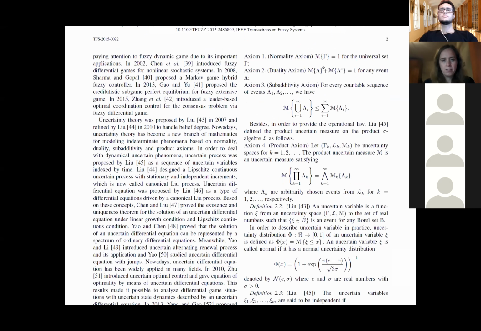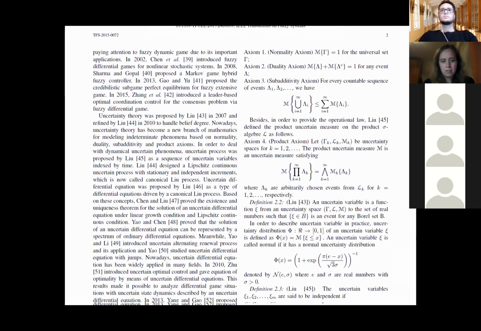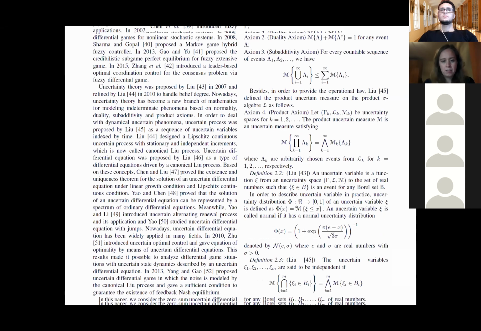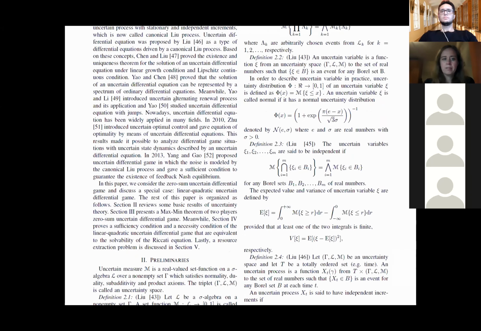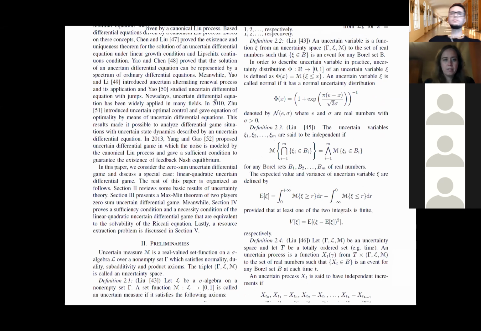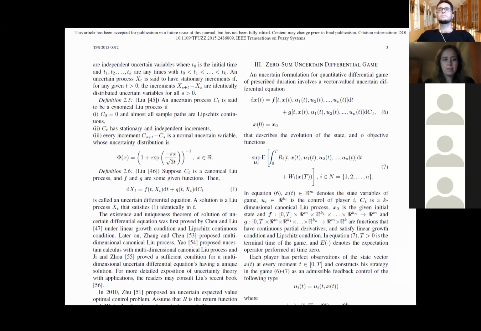This means this theory is different from probability theory. So Liu introduced an uncertain process Ct, said to be a canonical Liu process. This is about the canonical Liu process.